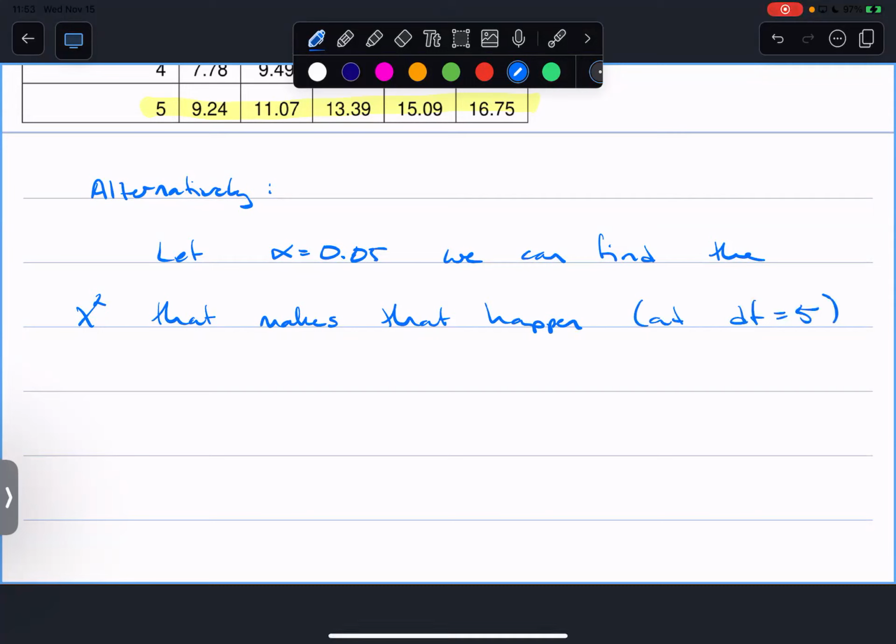The number of categories that you have doesn't change. So once you've figured out your degrees of freedom, then that's what you have.